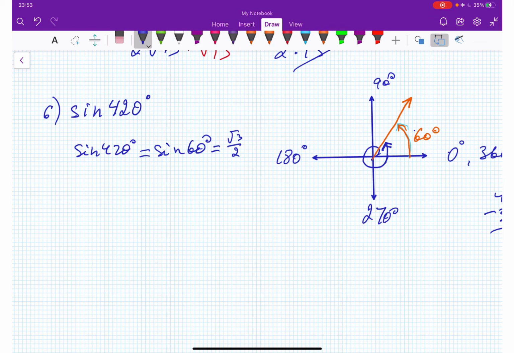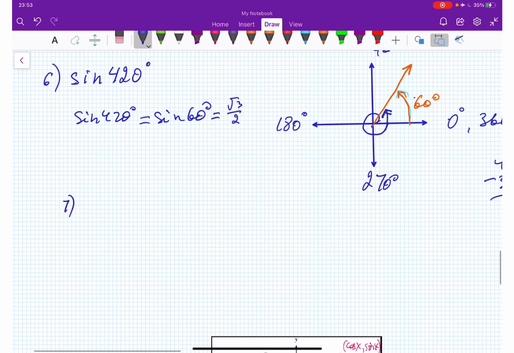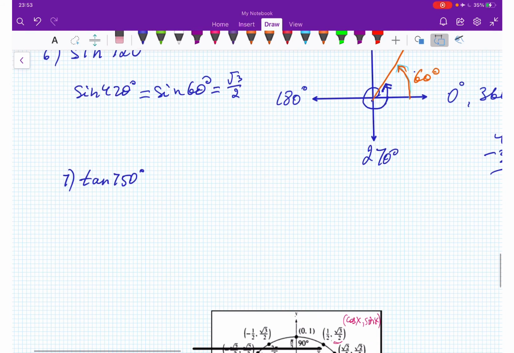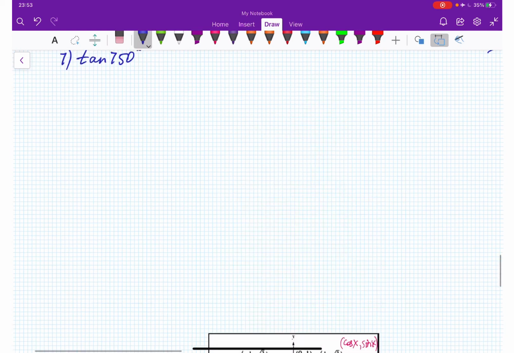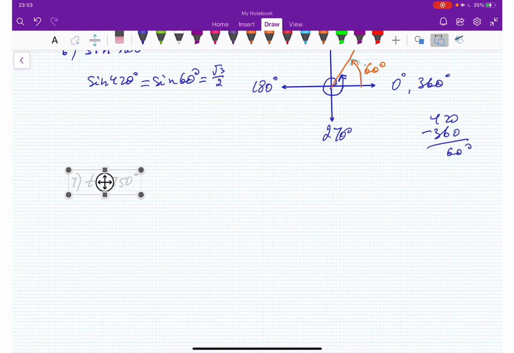Next one. Tangent 750 degrees. So what do we have? Let's find the coterminal angle for 750 degrees.